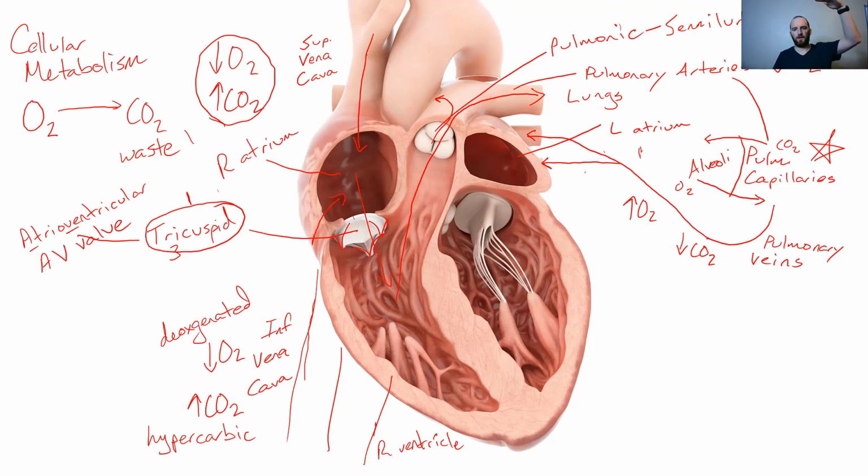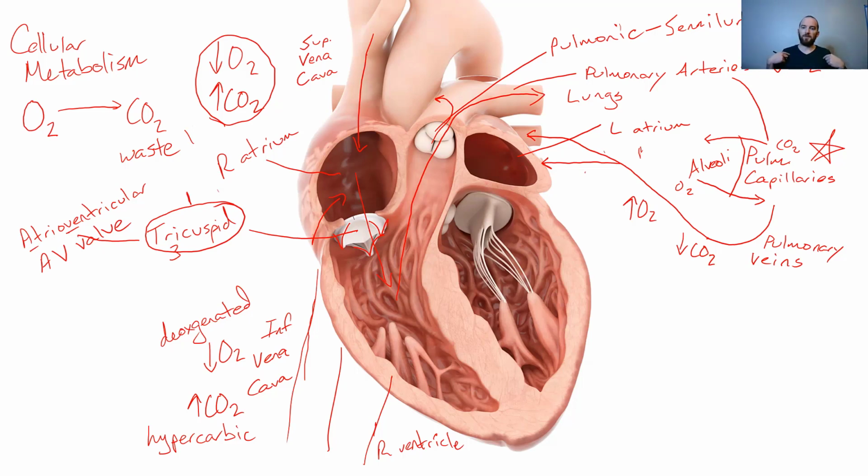So we have the right atrium on the right side, left atrium on the left side. Atria are on top and the ventricles are on bottom. We said the function of the right atrium was to receive blood from the body and send it to the right ventricle. The right ventricle's function was pumping with enough force to get that blood to the lungs.